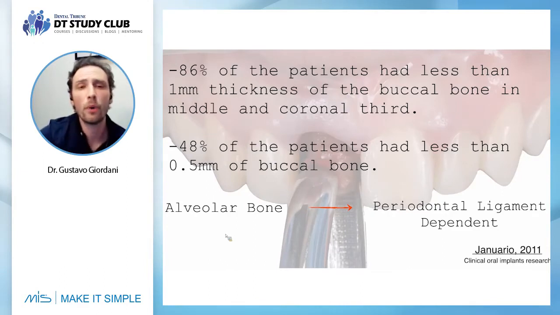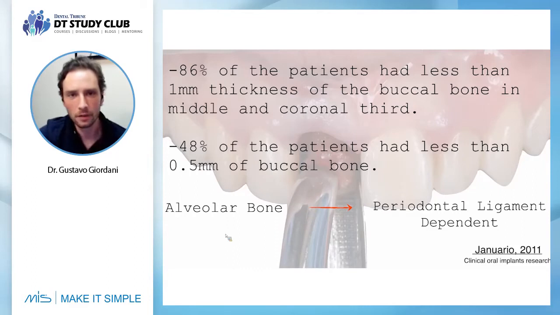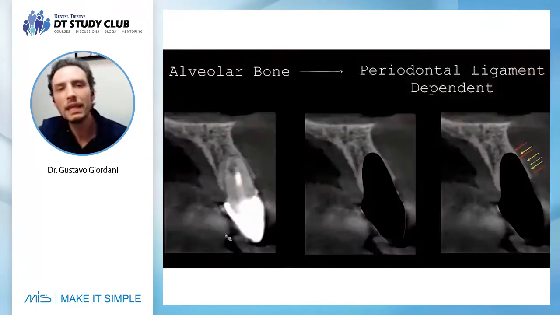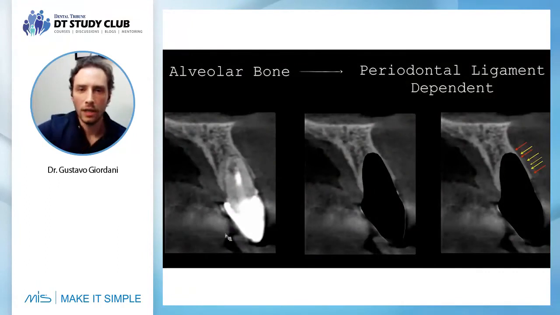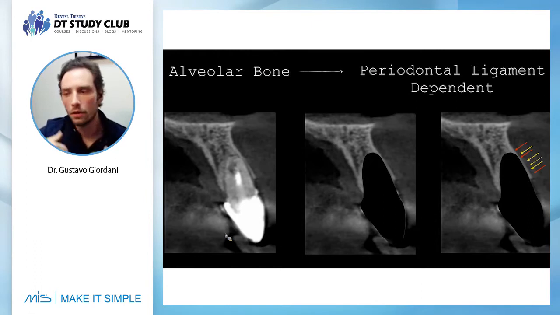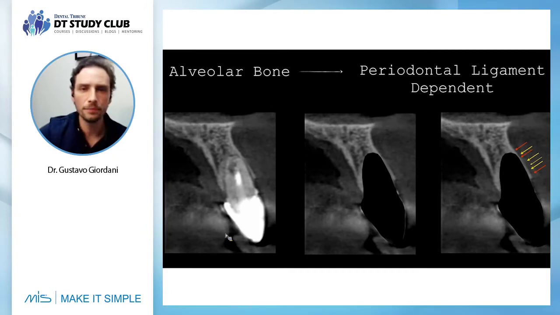So it's very important now to do something to compensate and to minimize this. Because when you extract the tooth, the alveolar bone will be gone because we don't have the periodontal ligament anymore.